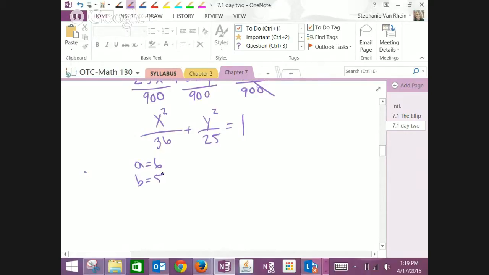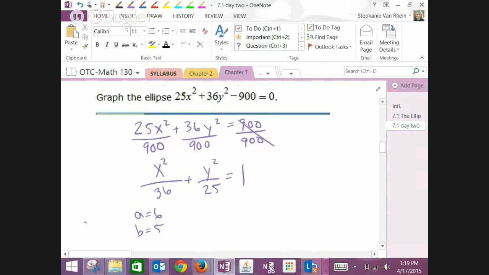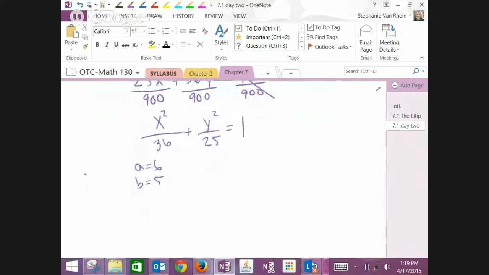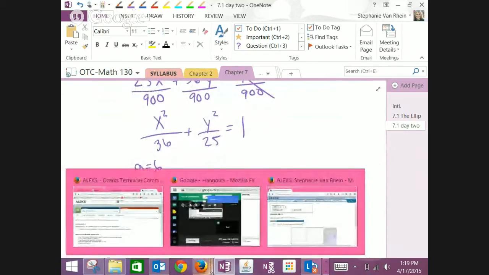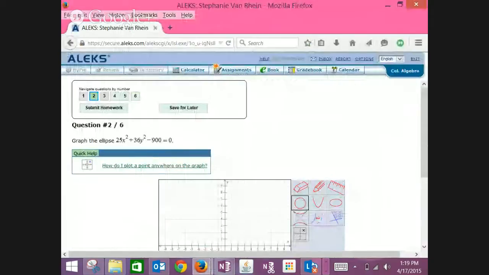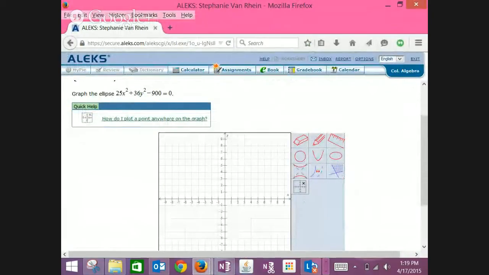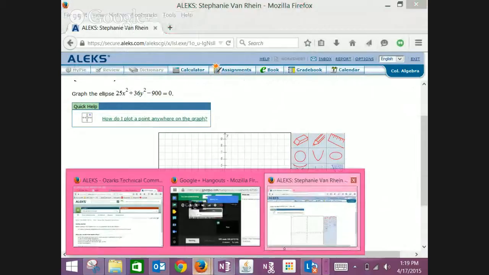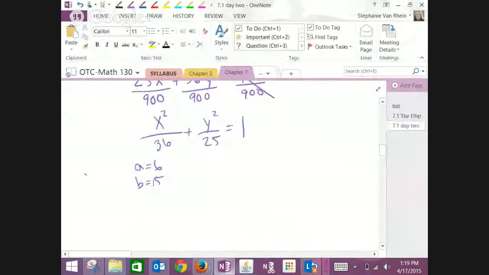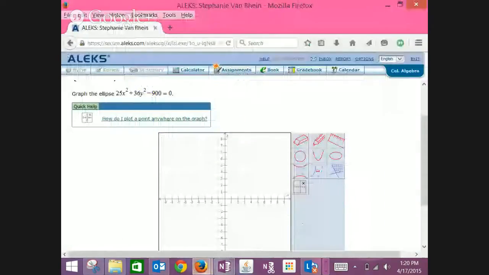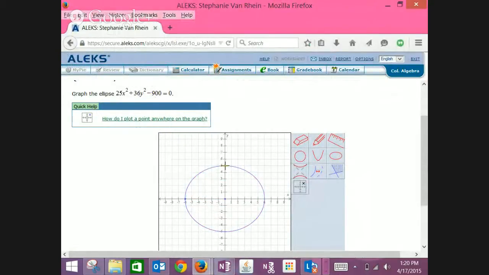What's my major axis? The x-axis. Is there any shift? The center is 0, 0. So going back here, my center is 0, 0. My major axis is the x-axis, right? And I go 6 units to the left and 6 units to the right to get my vertices. I go 5 units up and 5 units down to get my co-vertices. So here, from my center, I go 6, 5, and I get my graph.